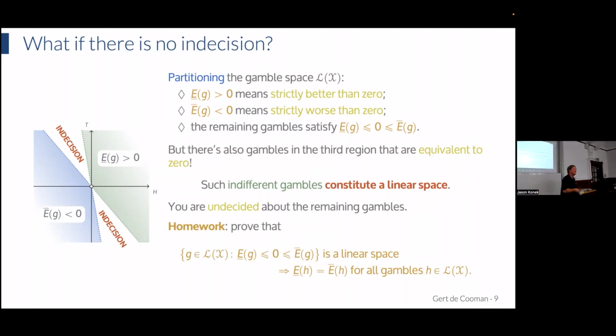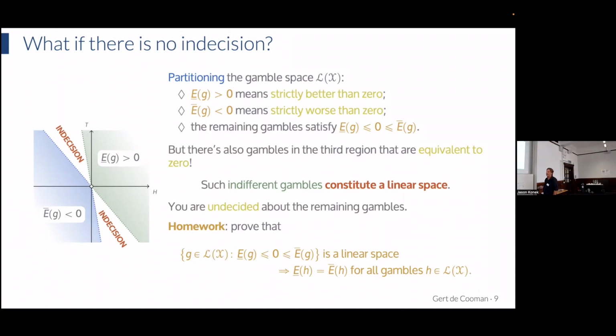Here is the homework. Prove that if I look at the set of all the gambles in the two wedges, so all the gambles for which the lower expectation is smaller than zero and the upper expectation is greater than zero, those are the gambles that are not strictly better than zero and not strictly worse than zero.